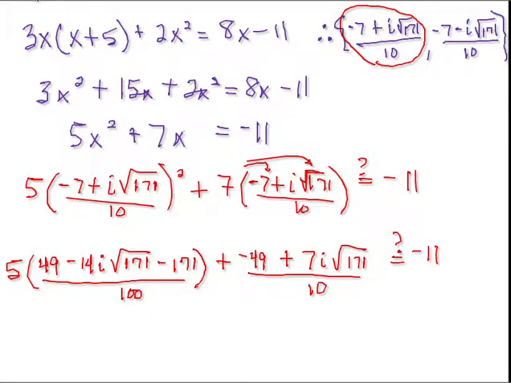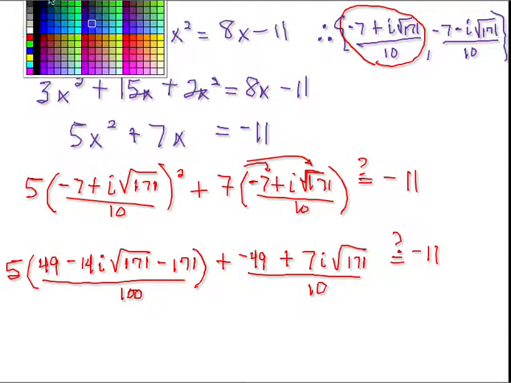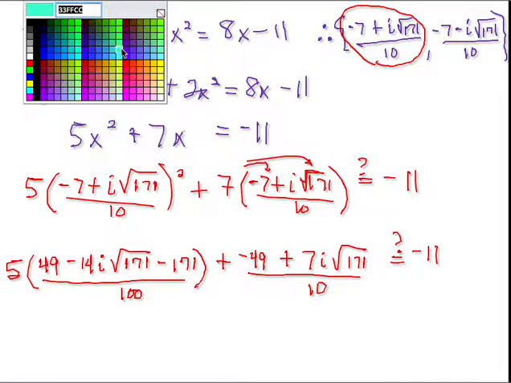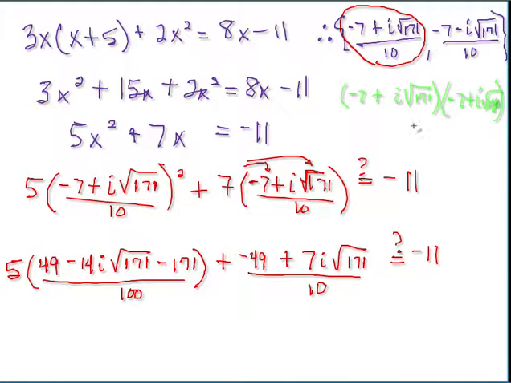I do want to emphasize what I did here one more time, just to make certain you're tracking with me. Let me put a different color here, like a green. I took negative 7 plus i times radical 171 and multiplied that by negative 7 plus i times radical 171.